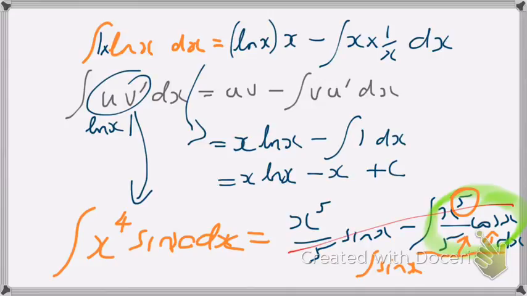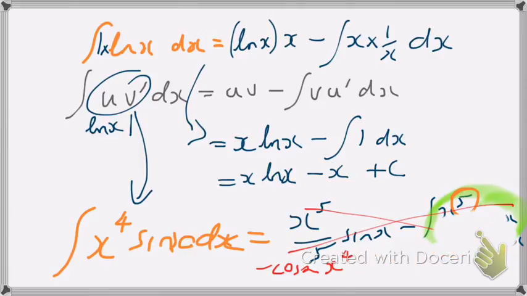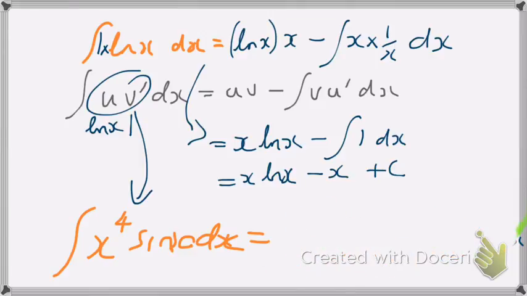So I should actually have integrated sine here and made it cos, and then left the x to the 4 alone. And then the next step, I'll do some rubbing out, and I'll write that again. So I should have integrated sine, and then the next step is I differentiate x to the power of 4.